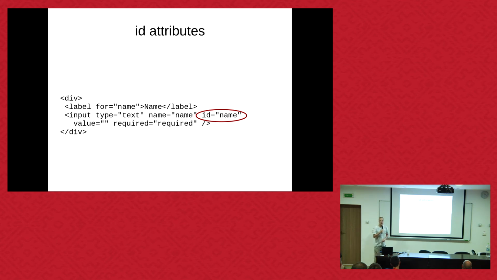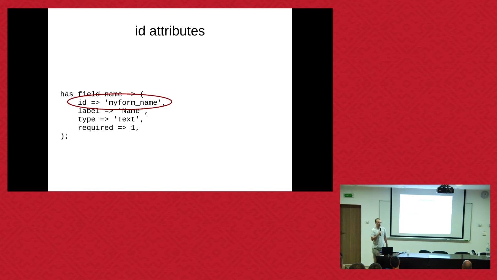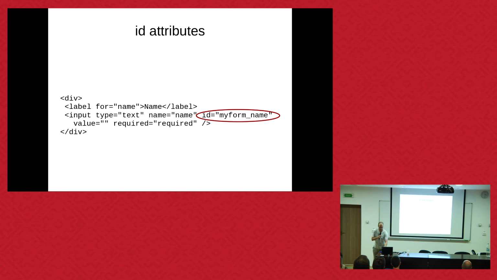People might already have a whole load of IDs on the page for other things, and you're going to find really weird bugs when you say, well, get me the field with the ID name, and it turns out there's several of them. That's not much fun for debugging things. So what we can set is an ID attribute on each field definition to something that's a bit more unusual, so that the HTML renders out like this.